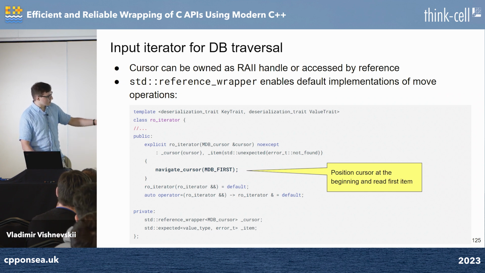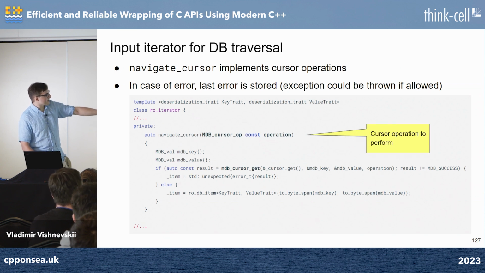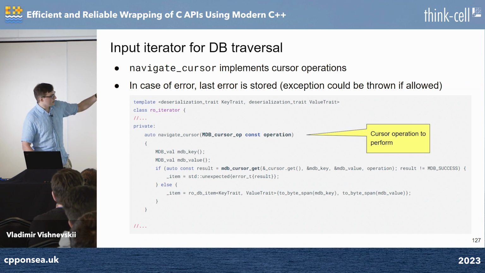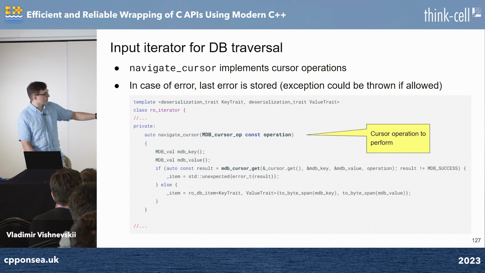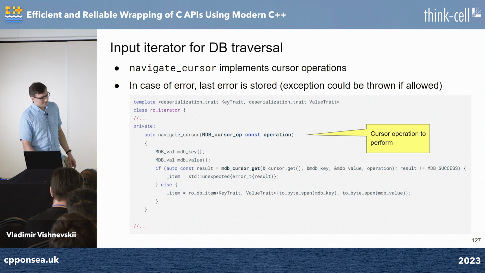We modify this item within our operations, and navigate cursor is the base of the implementation of our iterator. And it looks like that. We have the operation parameter, and we just forward this to the MDB cursor get, and we go to the first or to the next, depending on what operation we are calling for our iterator, and then either we read the data and assign it as an expected type, or we assign an error. Something like this.